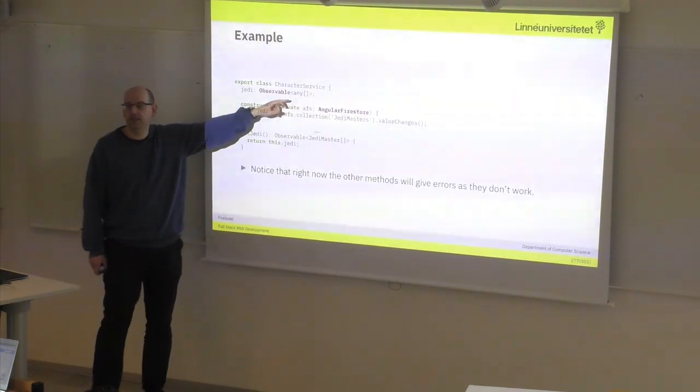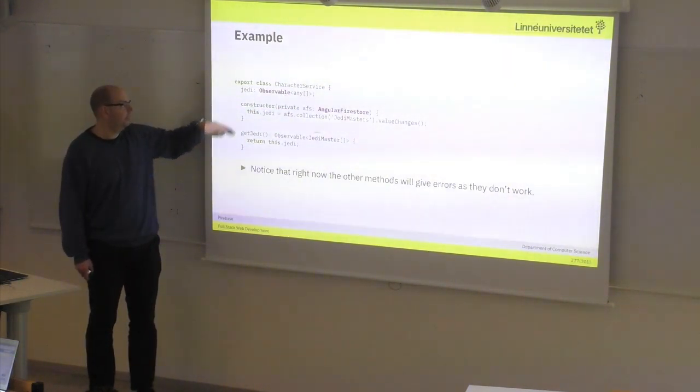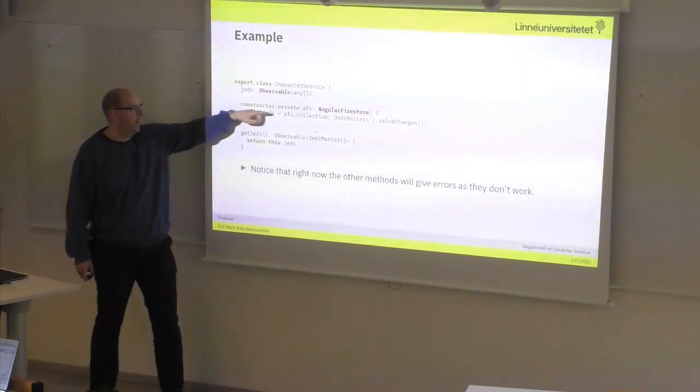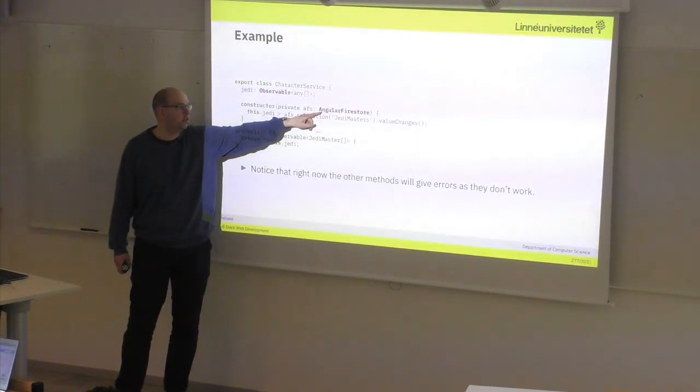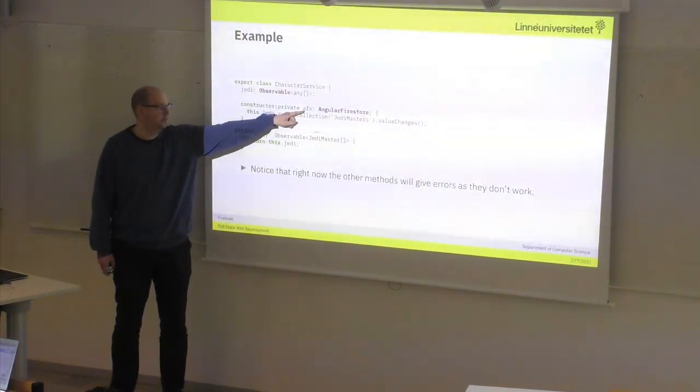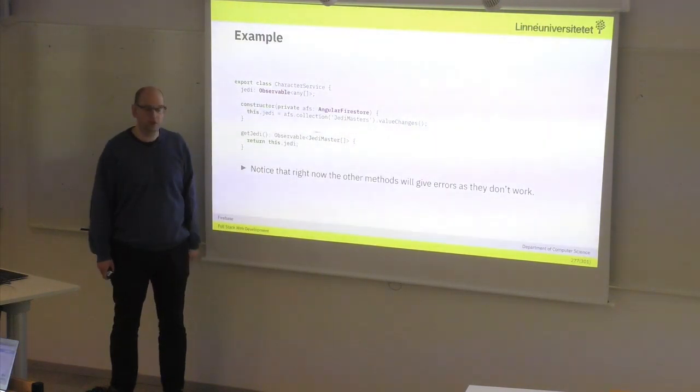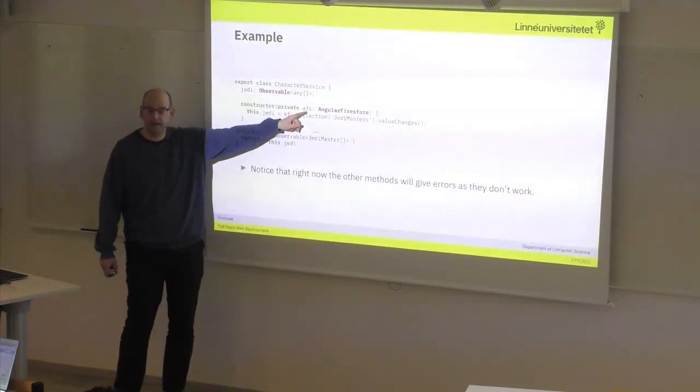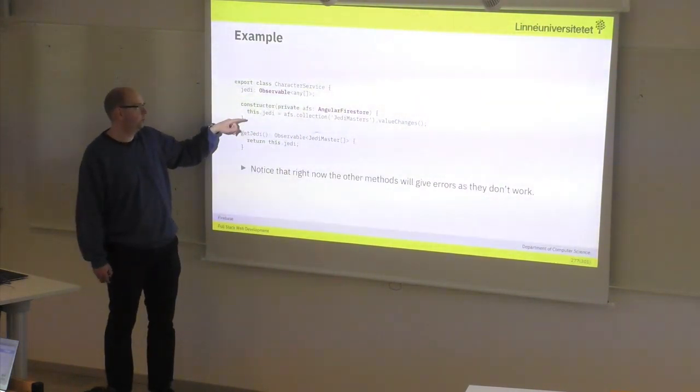For some reason, I don't get it to work with JediMaster, so choose any. In the constructor, we add the AngularFirestore service, AFS, we call it. That's what it says in the documentation. You can call it anything, but AFS is usually what it's called.